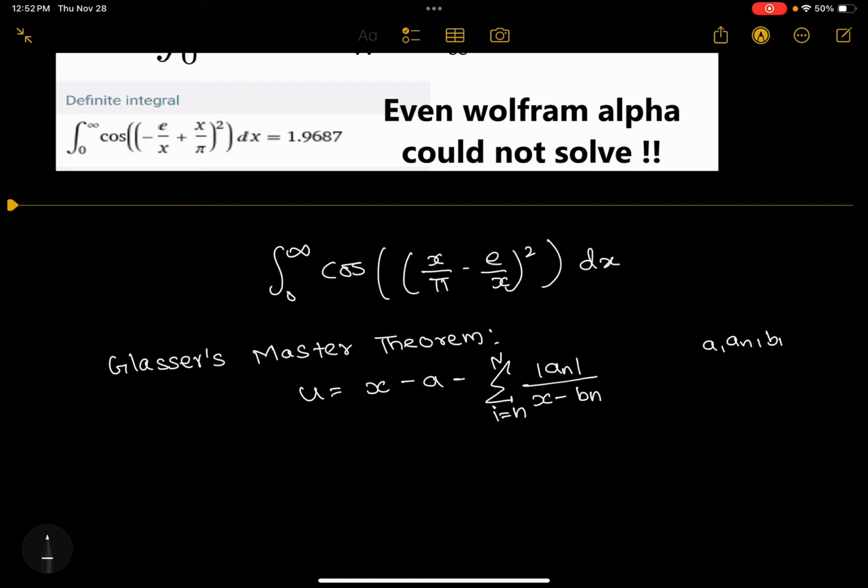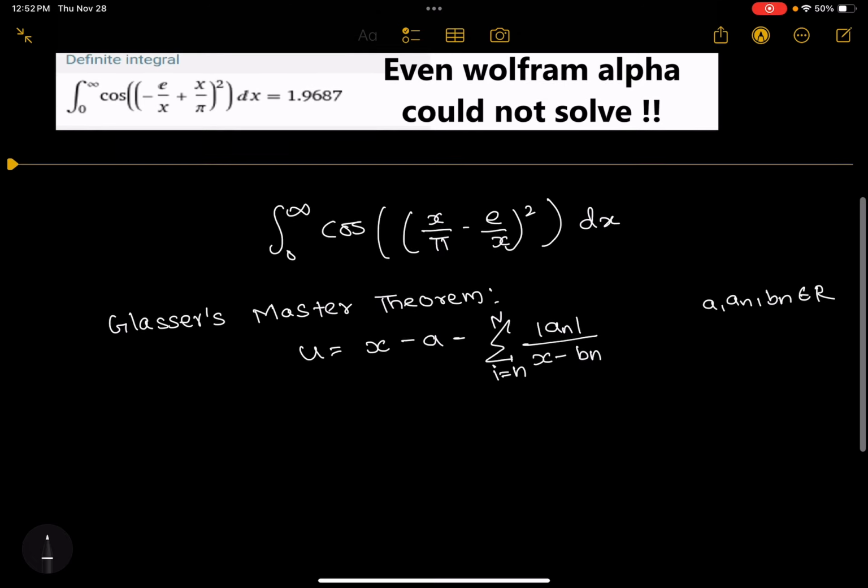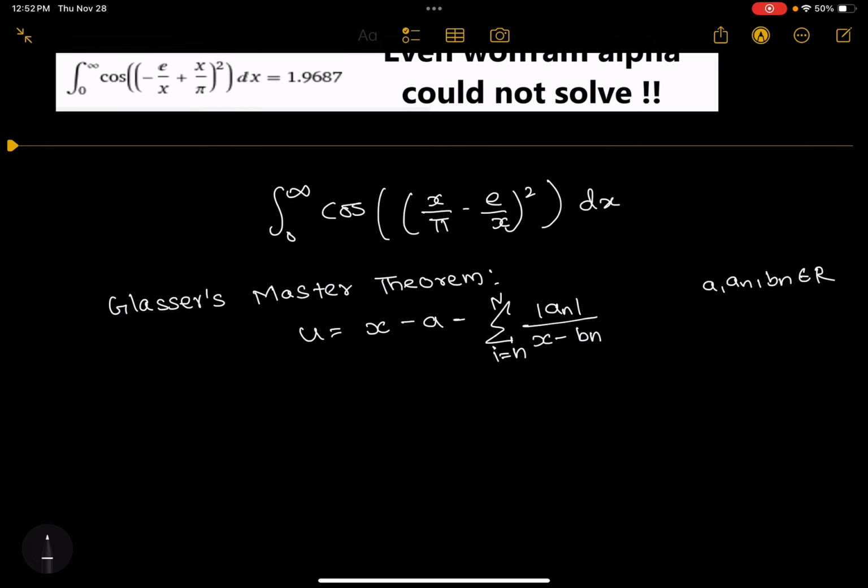Now if I have such a u, and I have the integral from minus infinity to infinity of f of u dx, Glasser's Master Theorem says that this will just be equal to the integral from minus infinity to infinity of f of x dx, and this is a lot helpful.